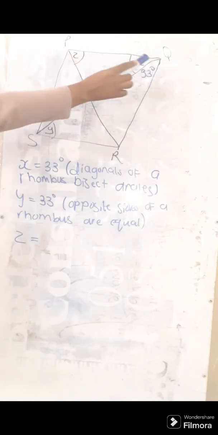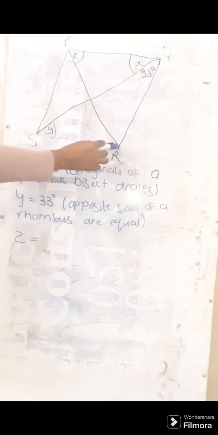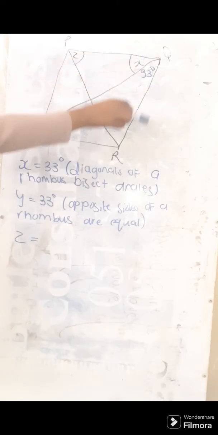For Z, let's take this triangle PQR, this one, or we can say RPQ. In this triangle, here Q equals, we are just going to say 33. Let's calculate. 33 plus 33, that will give us 66, right?